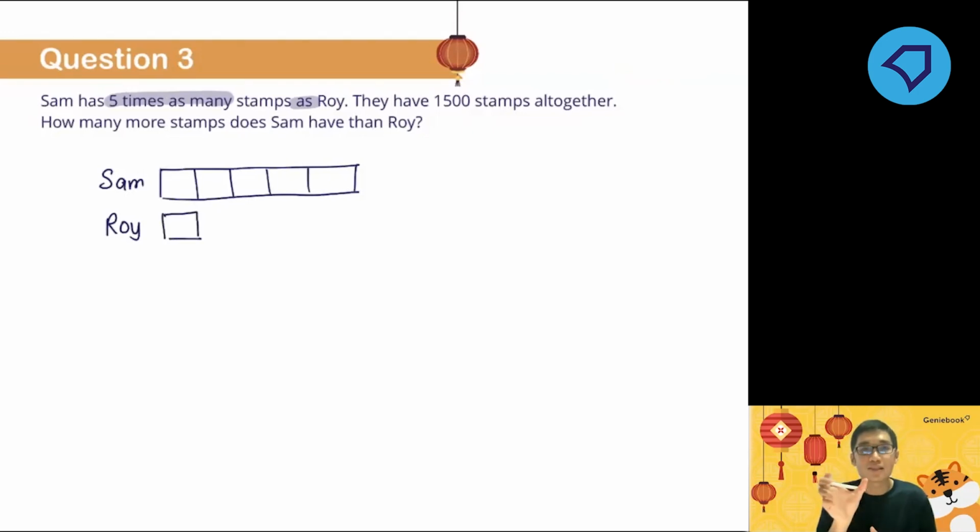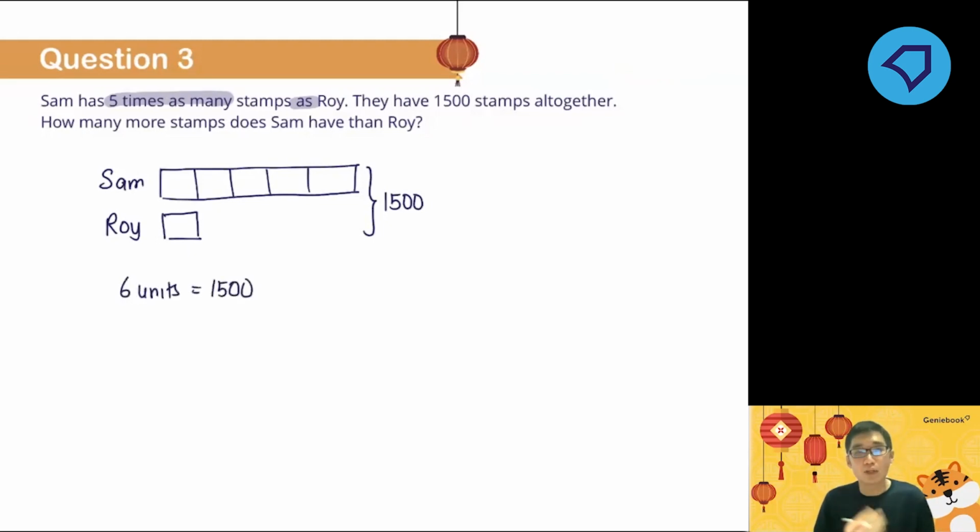Right? So can you see here? Sam has 5 times as many stamps as Roy. In total, both of them have 1,500 stamps. So can you see here? It's not 5 units that stands for 1,500. Okay, it's actually how many? 6 units. Okay, 6 units here that represents 1,500.